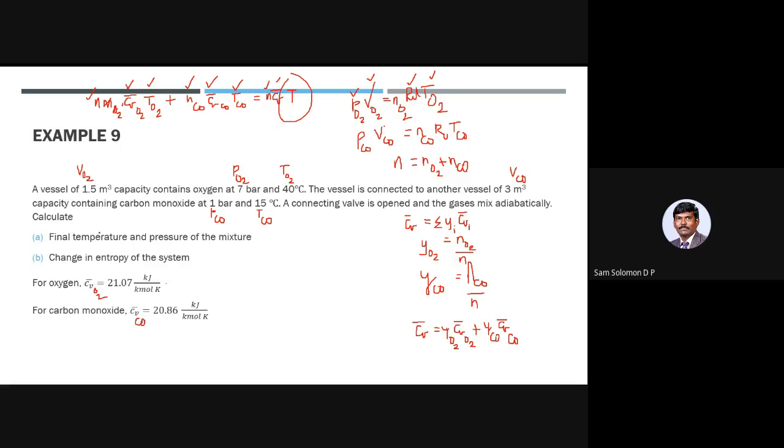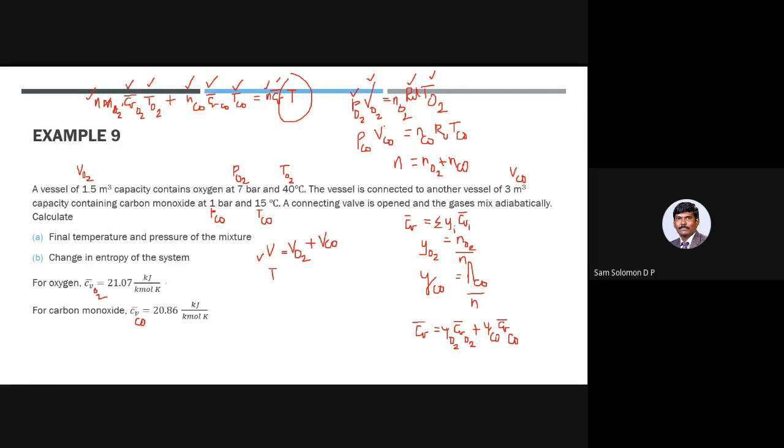Okay, and they are also asking you to find out the final pressure. Now you know the final temperature, and it is so because both of them are mixing together, your total volume will be volume of oxygen plus volume of carbon monoxide. Okay, already final temperature is known. Final temperature we have estimated just now.